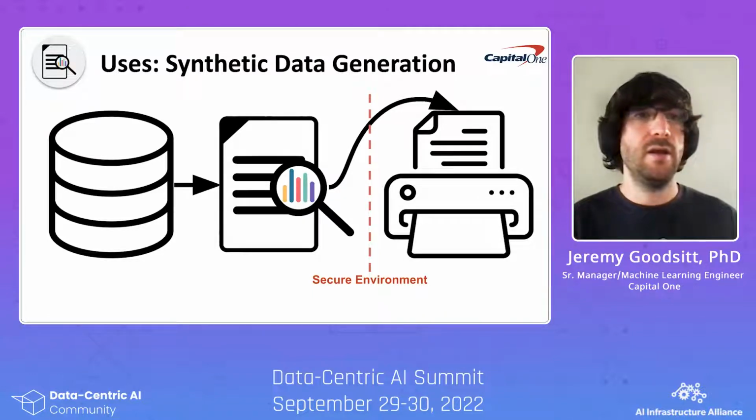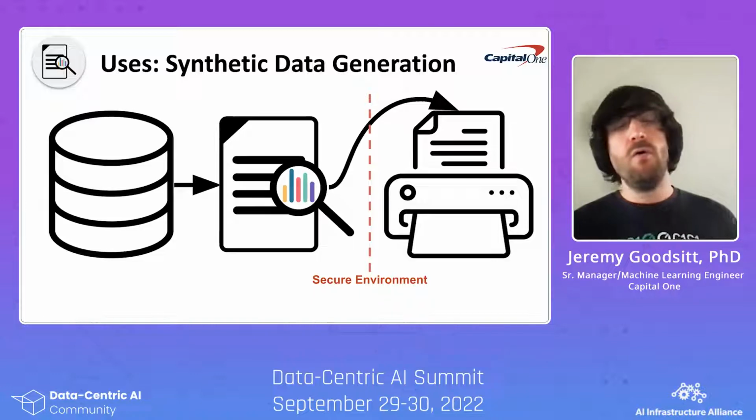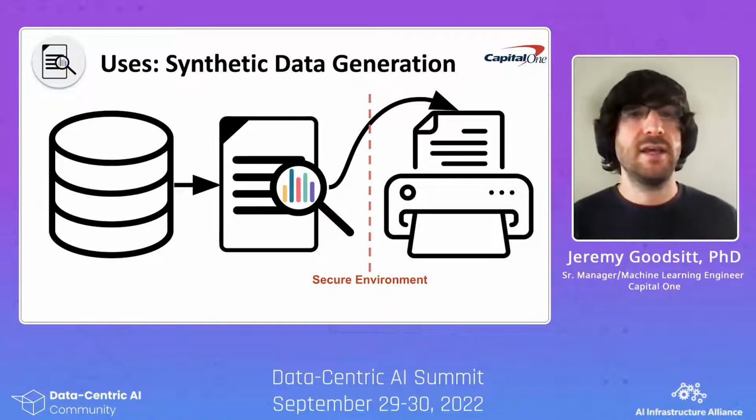So that way you can give introspection to that data set without having access into that secure environment. Or you can generate synthetic data off of those profiles. And so this generalization of this data set allows us to have access more quickly.